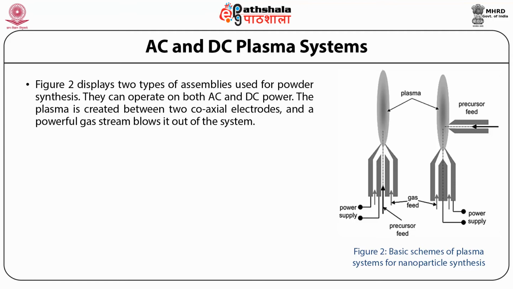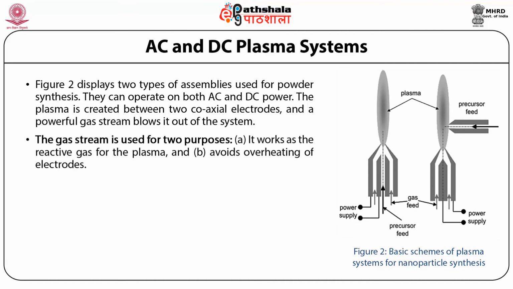The plasma is created between two coaxial electrodes and a powerful gas stream blows it out of the system. The gas stream is used for two purposes. A. It works as the reactive gas for the plasma.